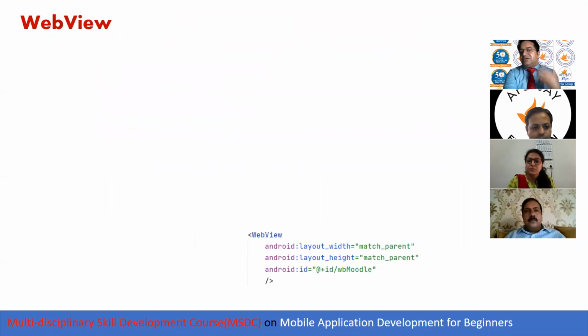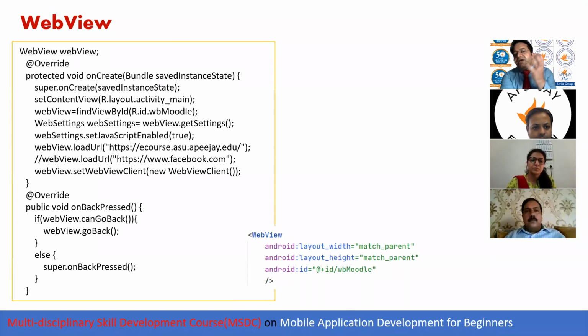To wrap up this session, which was the theoretical part, in the next part we will go with the practical segment. We have one very popular feature in Android, a layout called web view. For example, you have created a website using PHP and you want to create an app for the same.